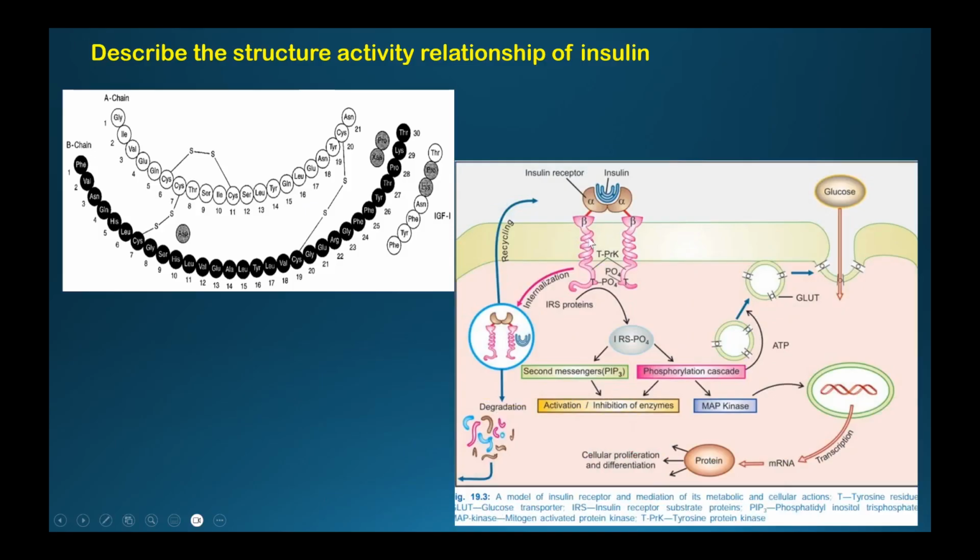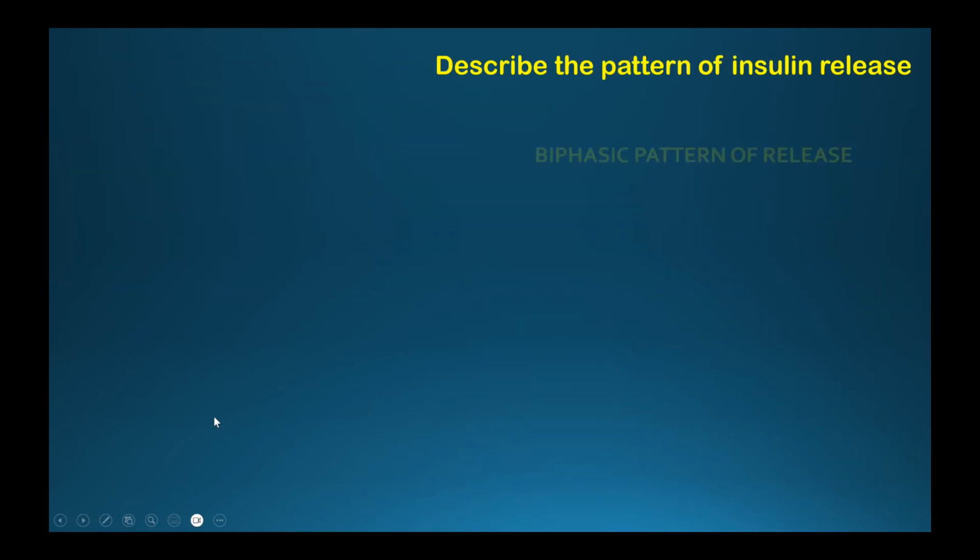And this is another picture to show how the messenger acts. The insulin gets attached and internalized, and it causes the channels to open and glucose entry happens there, and this is how the whole thing happens.